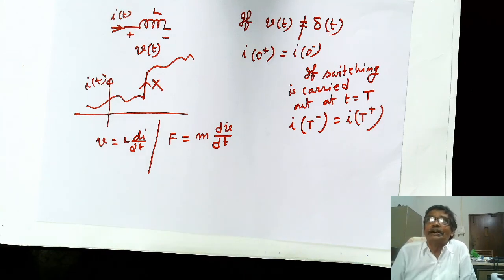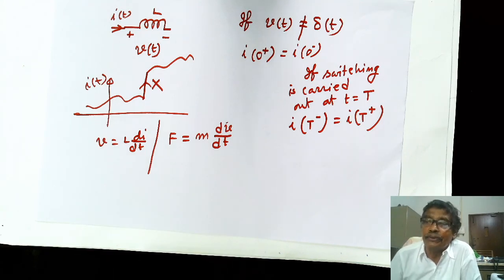We are taking a deeper look into an inductor. It is not merely that I am writing V equal to L di/dt. I will now try to see whether I am in a position, if I know the voltage waveform, to get the current waveform, and how the change in the magnitude of the voltage decides the current value.